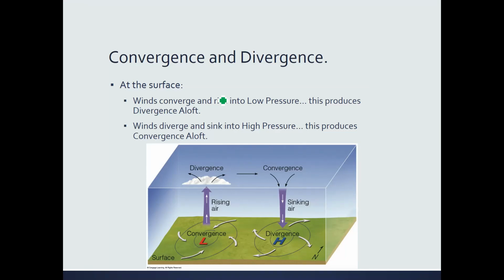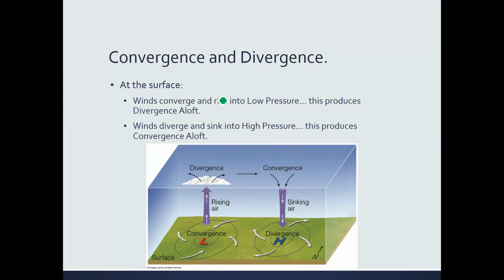Once they converge, they have nowhere to go but up. This is the reason why low pressure gives us stormy weather. Because in low pressure, you have winds that are converging and they have to rise. So low pressure causes convergence, which causes rising air. This rising air then cools, expands, and condenses, giving us clouds and the weather we all know and love.